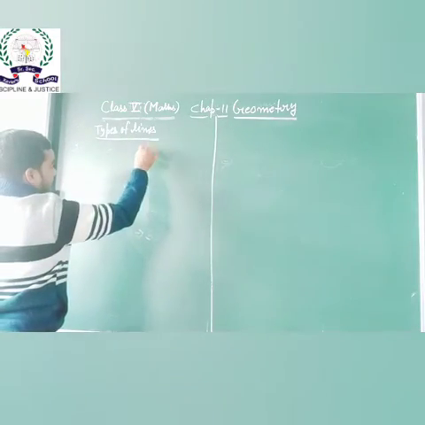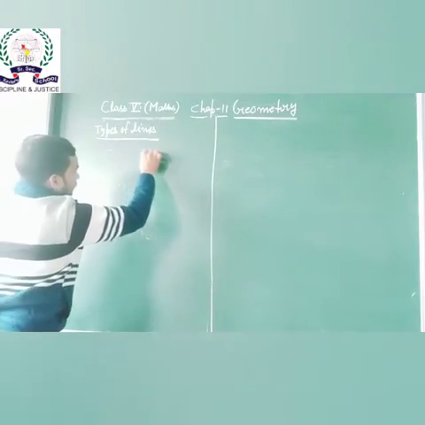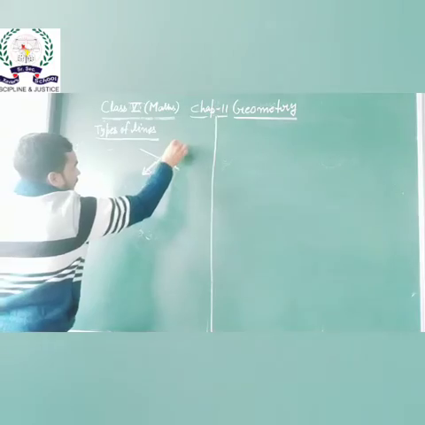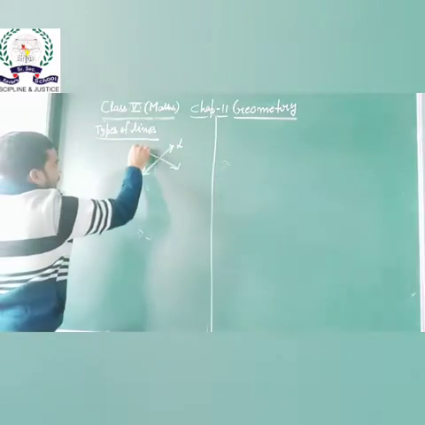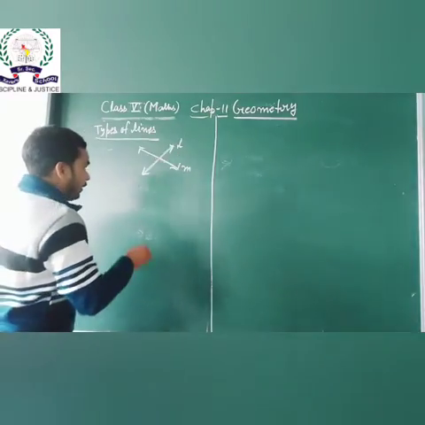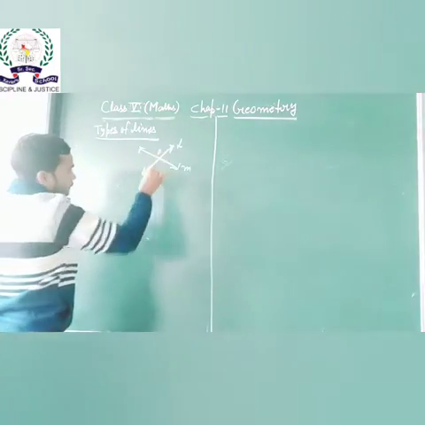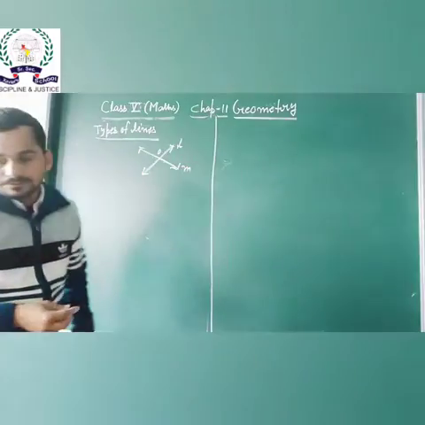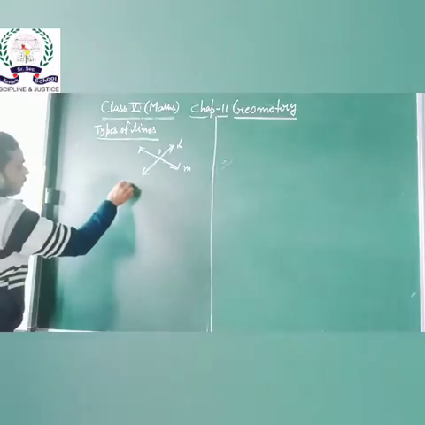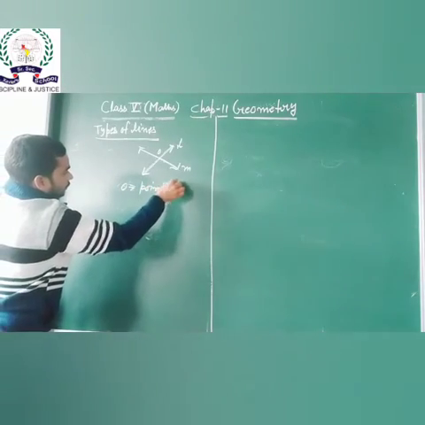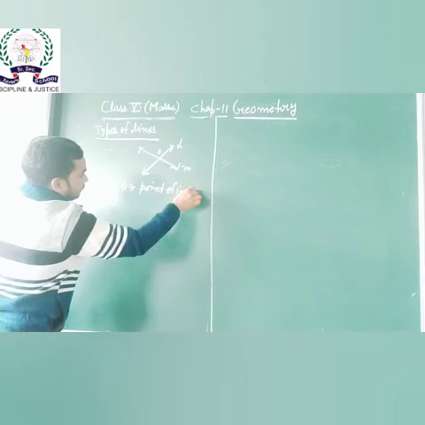If we take an example through a figure, that is line M and L. Line L and line M intersect or cross each other at point O. So that means these are the intersecting lines, and this point O is called the point of intersection.